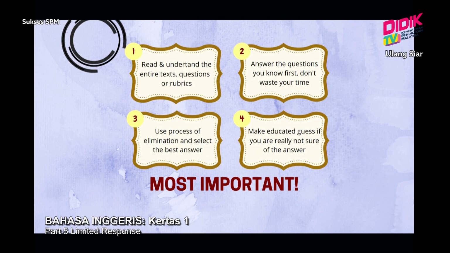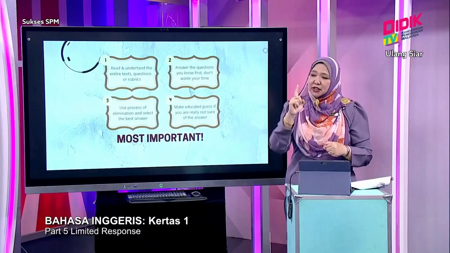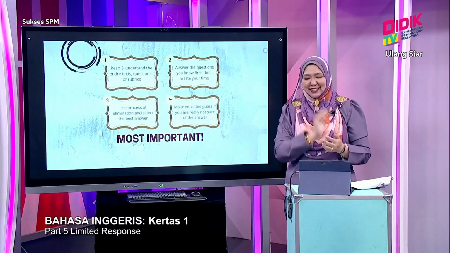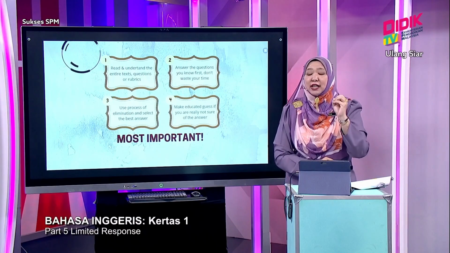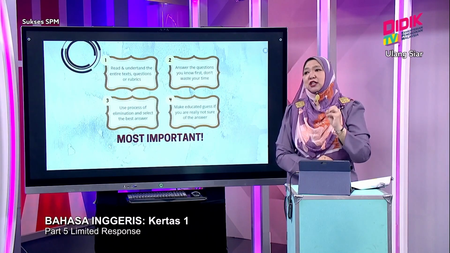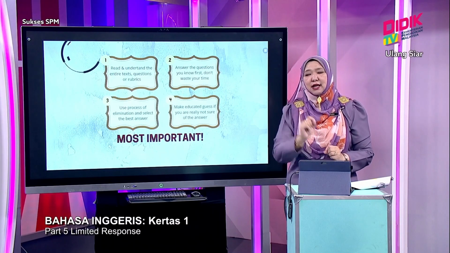Number 3, use the process of elimination and select the best answer, except for the last part. Even for the last part, part 5, you can still use the process of elimination for questions 33 to 36. And lastly, make an educated guess if you are really not sure of your answer. That is the last resort.